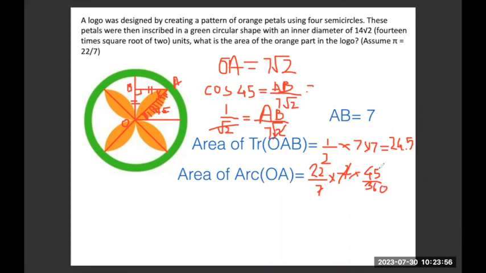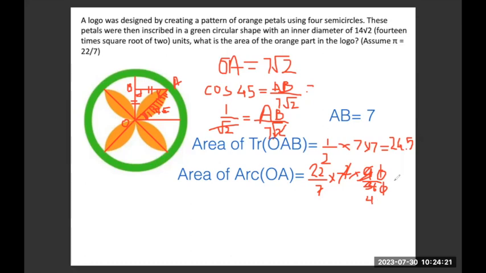So theta is 90. Sorry, that angle is 90. This angle is 90. How do I erase? This will be 90. 90 upon 360. This 0 will cancel. 9 and 36 will be 4 here.